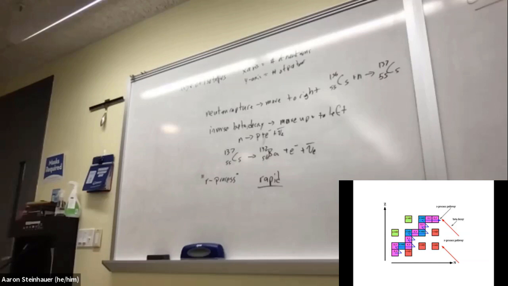You can just do neutron capture, but you're only going to move in this direction quickly in the R process. This element will never, in that time scale, decay to this element. And in fact, I'm guessing these are actually stable ones that will never decay. You're just never going to go from there to there by beta. You can't make this isotope by the R process, by building up with neutrons and then having an inverse beta.